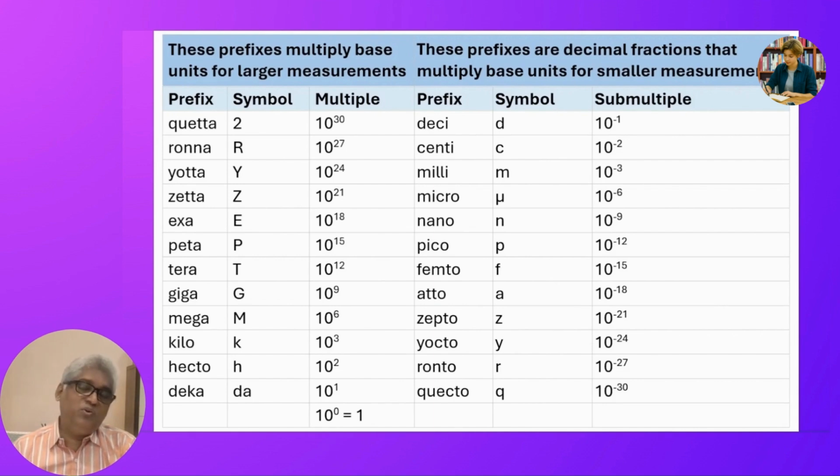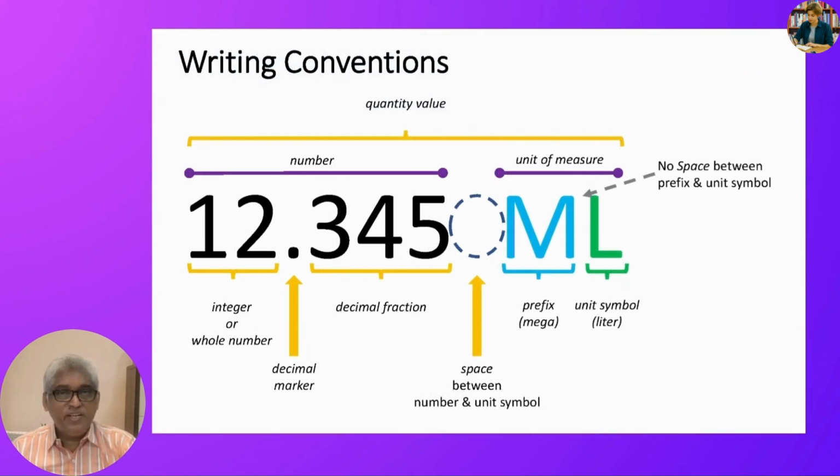One more thing you have to remember is this: while expressing any physical quantity, there are some conventions or rules. Now look at this diagram, where it is shown how to express it. For example, when you write a number, say 12.345 or whatever it is, then after that number you have to leave some space between the number and the unit.